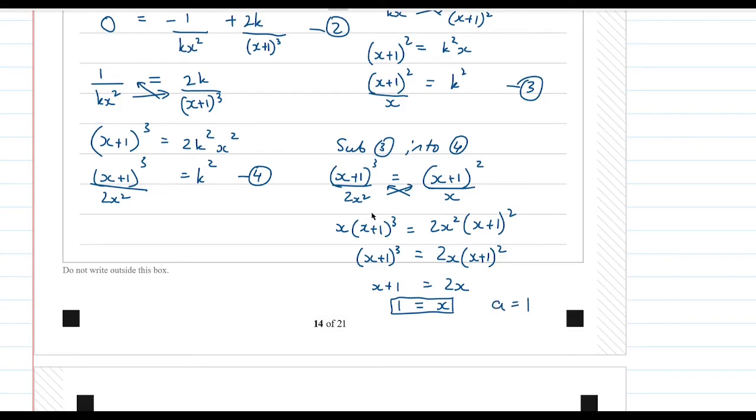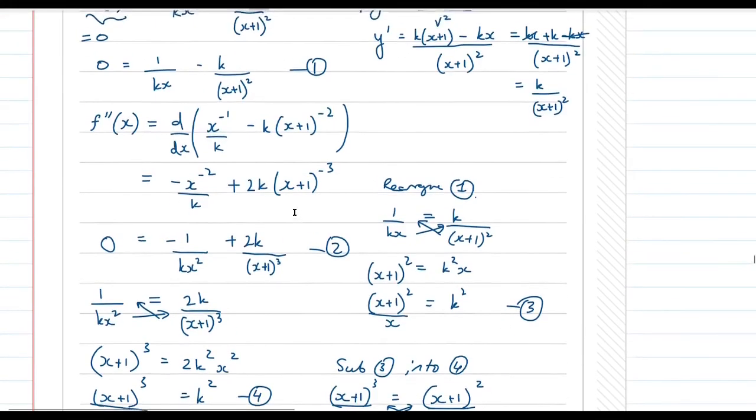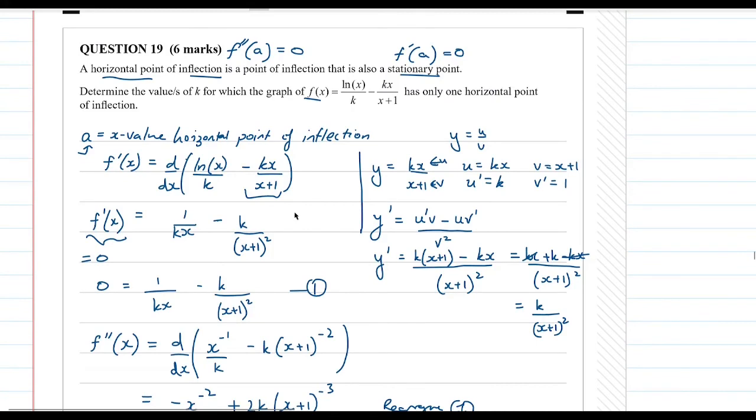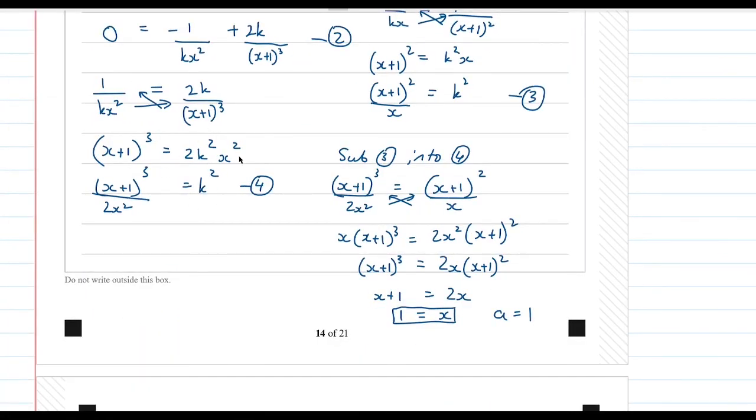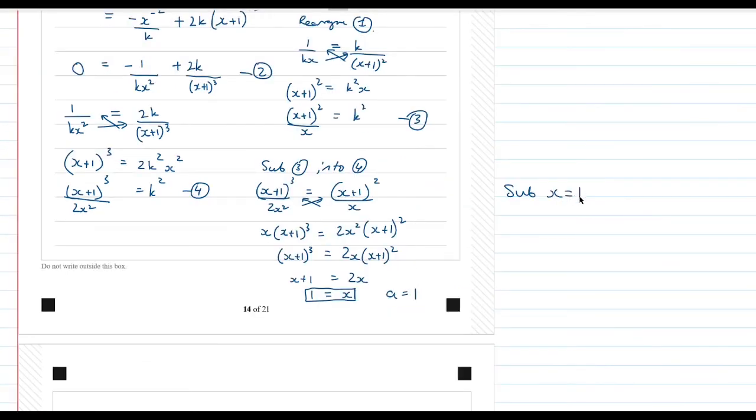It's a point of inflection and it's also a stationary point. Now let's look at the question again. The question is asking for what values of k it has only one horizontal point of inflection. The point of inflection is at x equals 1, but we need to find what value of k does that. We know that equation 4 can give us the value of k, so let's sub x equals 1 into equation 4.